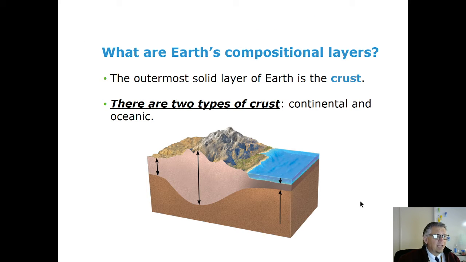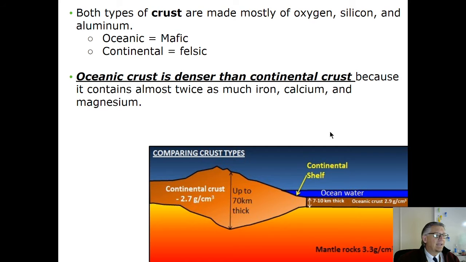The outermost layer, when we talk about chemical composition, is going to be the crust. And there are two types of crust: oceanic crust and continental crust. Oceanic crust is going to be mafic, more basalt, more dense and darker.